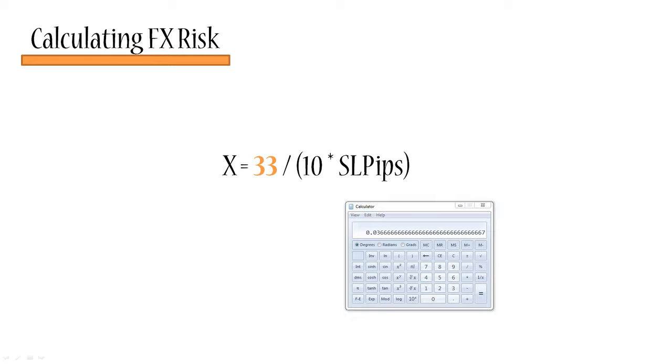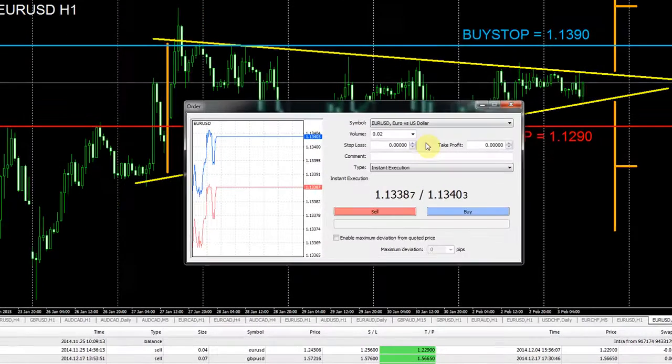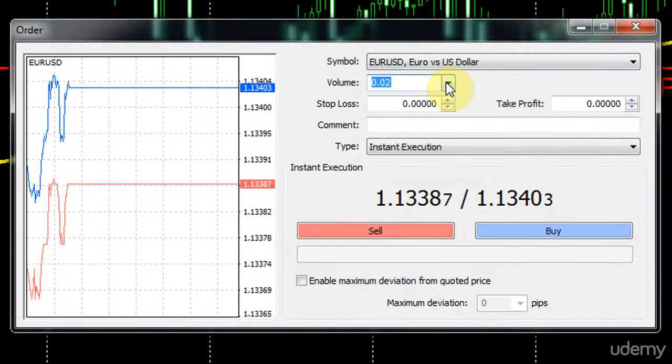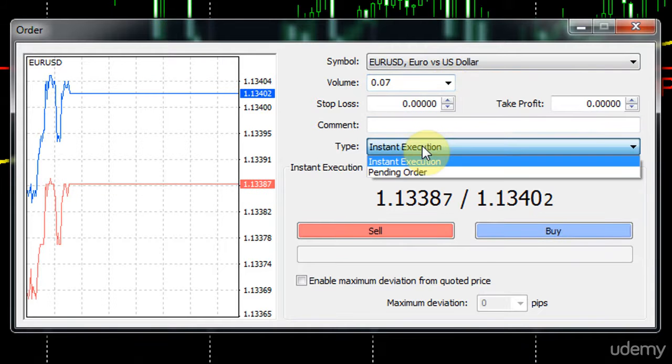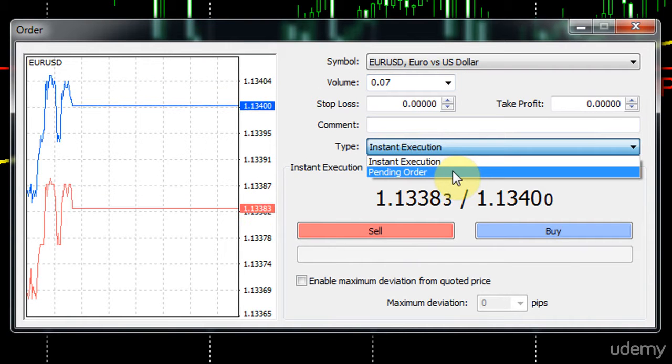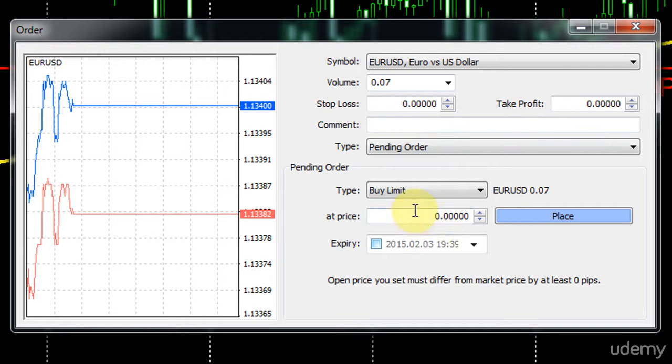So let's put that in, 0.04 lots. Now let's create these orders. We click new order. For the euro dollar, volume 0.07, that's going to be our sell order, sell stop. It's going to be a pending order. We have to click that. In pending order, we're going to choose a sell stop.